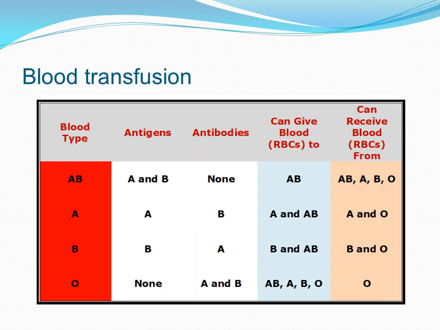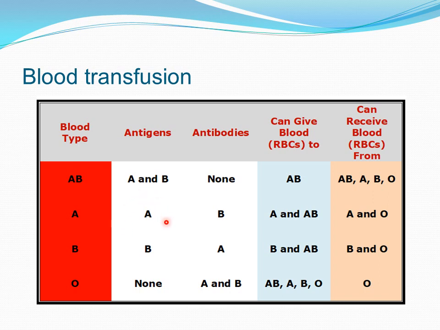Now here, this is a slide on blood transfusion. Knowledge about the blood groups is obviously essential for safe blood transfusion. Or what else will happen? The antigens of the donor's blood will react with the antibodies of the recipient's blood. Suppose you are giving blood group A to a person having blood group B. What will happen there?